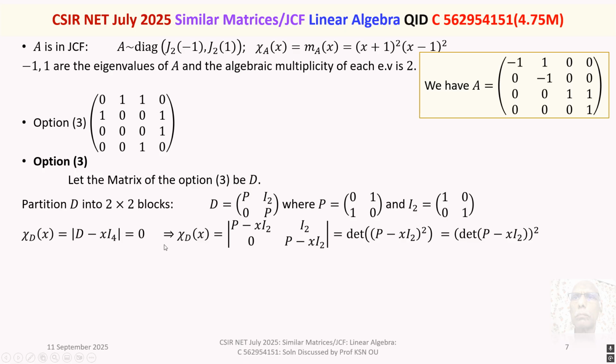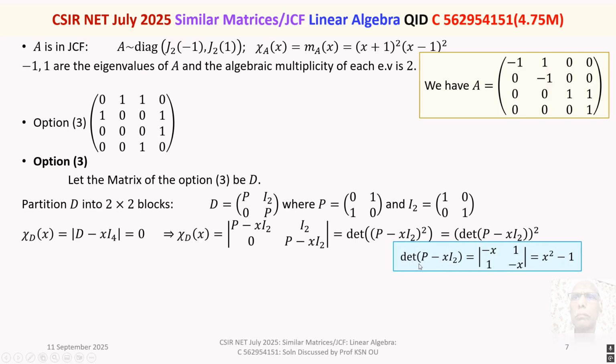When you evaluate, that will be the characteristic polynomial of D: the determinant of [P minus x I2, ...; 0, P minus x I2], and this will be the determinant of P minus xI2 multiplied by the determinant of P minus xI2, that is, determinant of P minus xI2 whole square. And the determinant of AB is equal to determinant of A into determinant of B. That will come down to be determinant of P minus xI2 whole square.